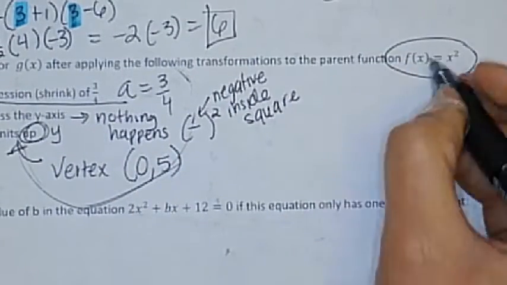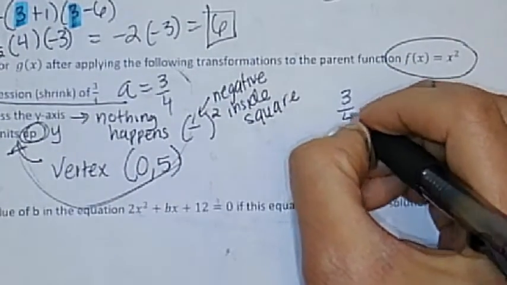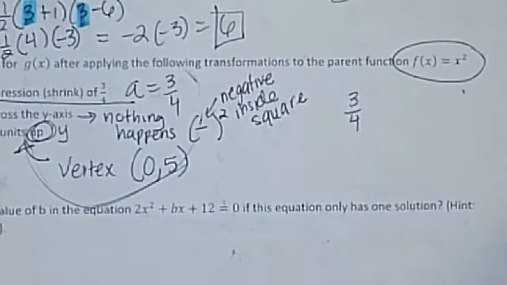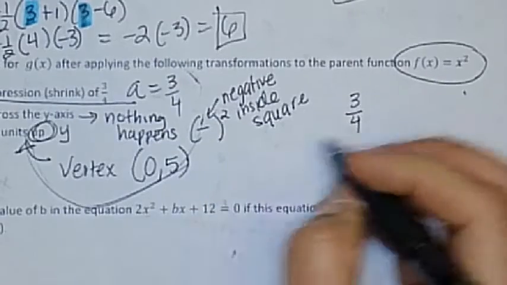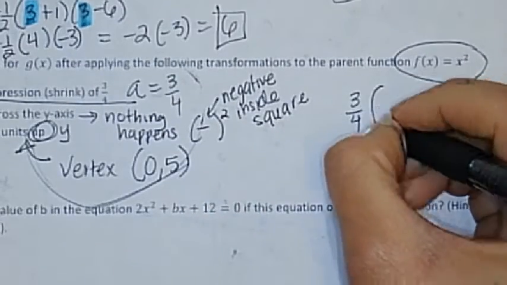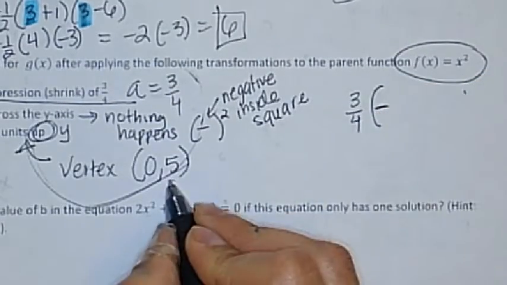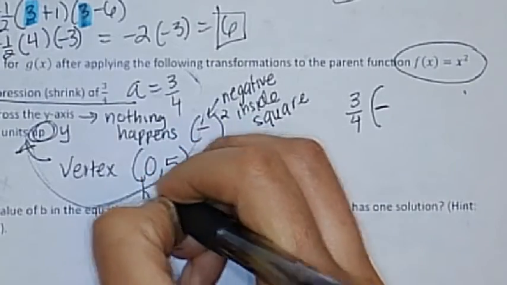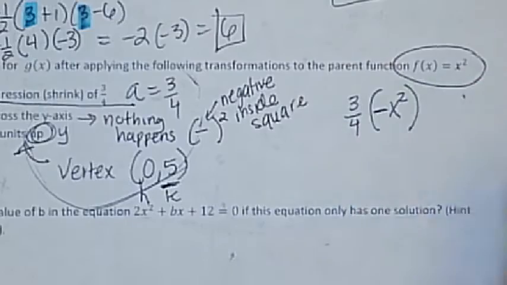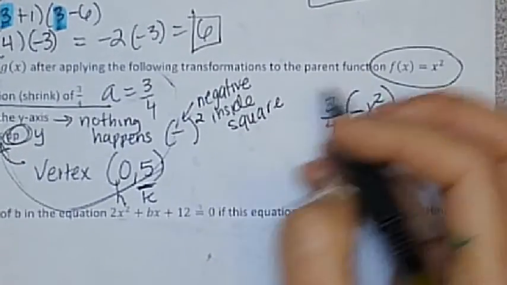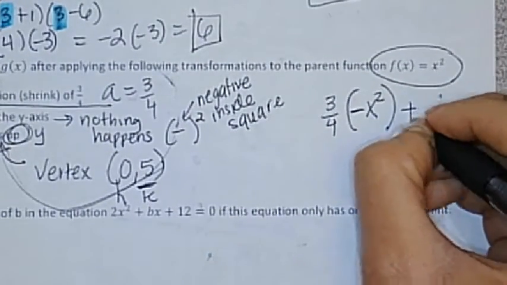So now the A is going to be 3/4. Okay? It's going to be a reflection inside, so inside a reflection, this is going to be HK. And then it's going to be plus 5.